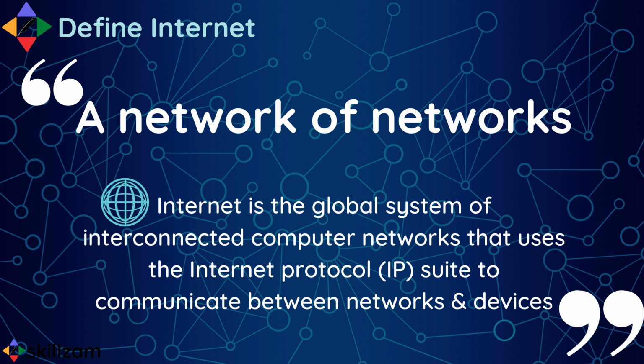It is the global system of interconnected computer networks that uses the Internet Protocol Suite, that is TCP/IP, to communicate between the networks and devices. Internet carries a vast range of information resources and services such as interlinked hypertext documents and applications of the World Wide Web, and electronic mail, telephony, and file sharing.